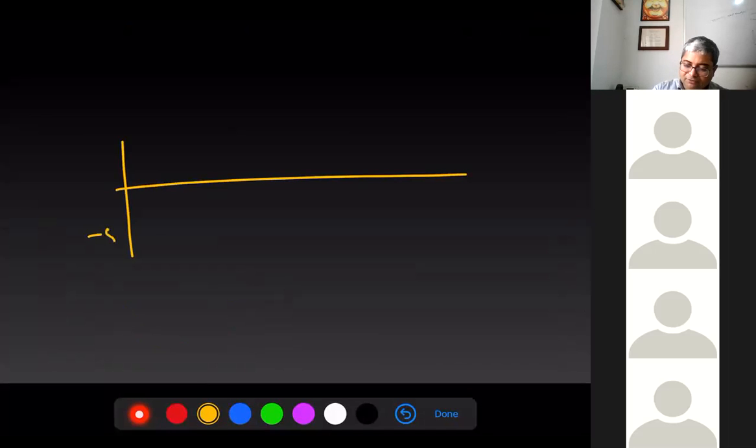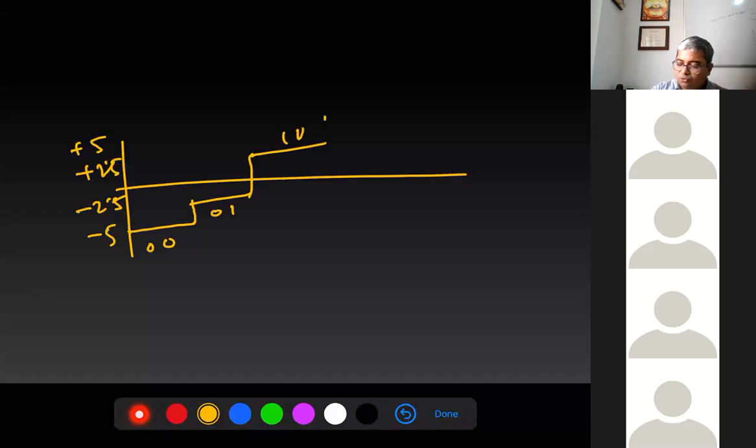This is -5, this is +5. -5 is carrying 00, -2.5 is carrying 01, +2.5 is carrying 10, and +5 is carrying 11. Why are they doing this? If I want to speed up the process, if one signal can transfer 2 bits, in that case my speed will be double.